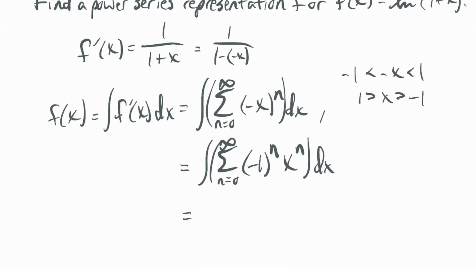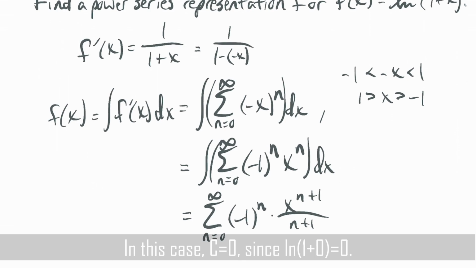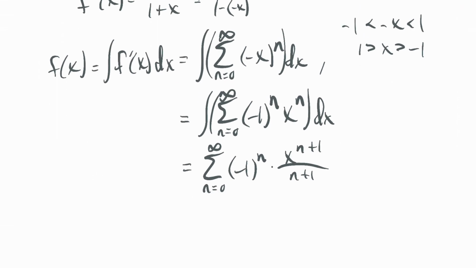So this will be the sum as n goes from 0 to infinity of negative 1 to the n power times x to the n plus 1 over n plus 1. So this is the series as n goes from 0 to infinity of negative 1 to the n power over n plus 1 times x to the n plus 1.